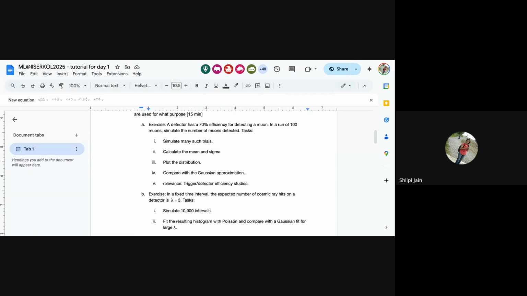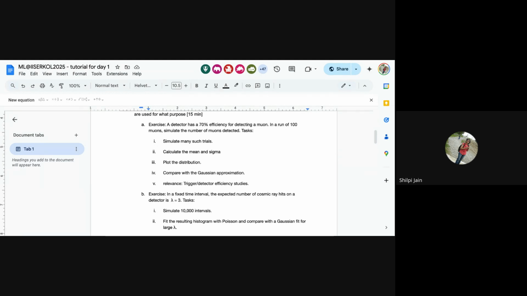So essentially you should check this. People are answering Gaussian. So let's say instead of 100, we have 10. Will it still follow Gaussian? The detector has two outcomes: either it will detect or it will not detect.